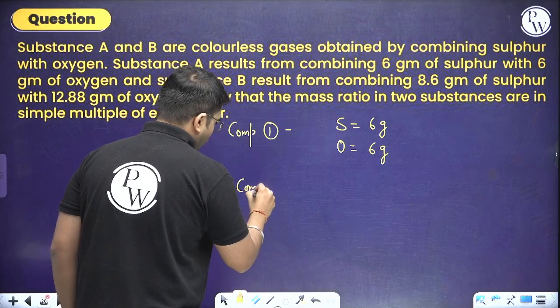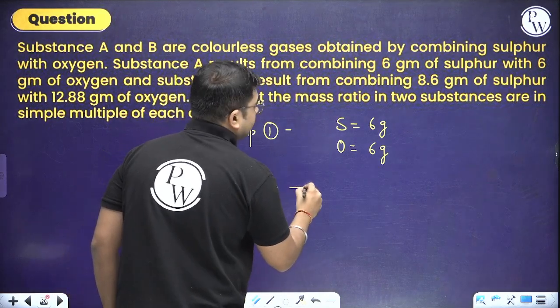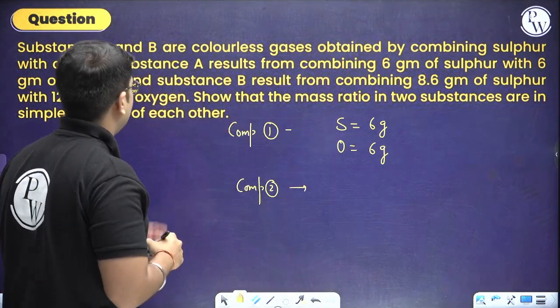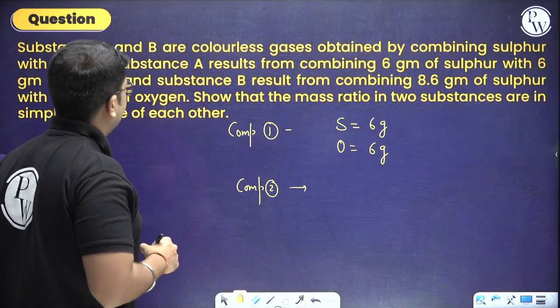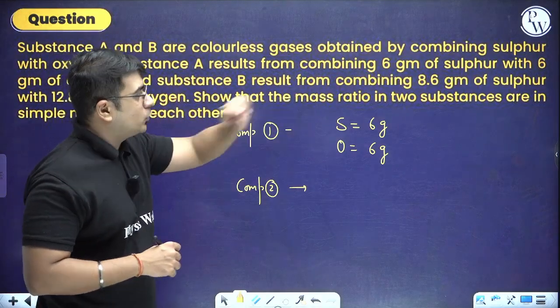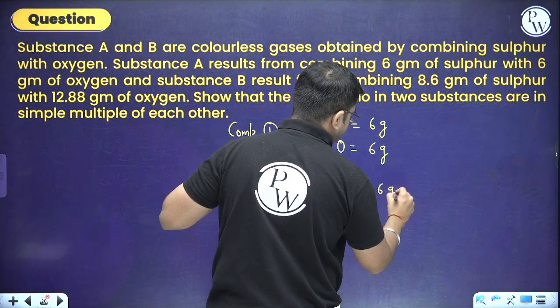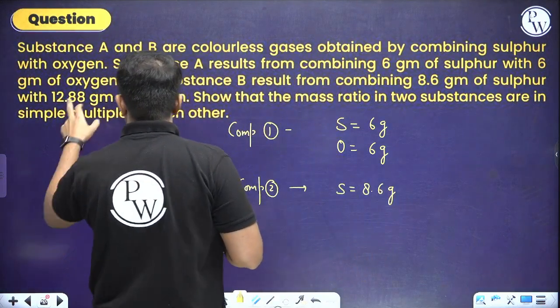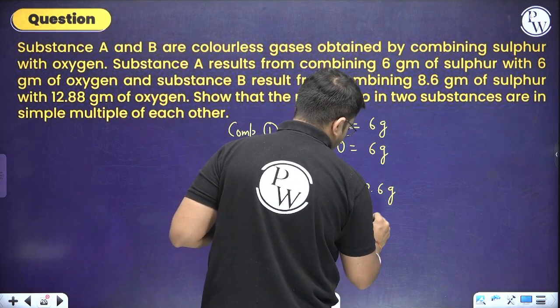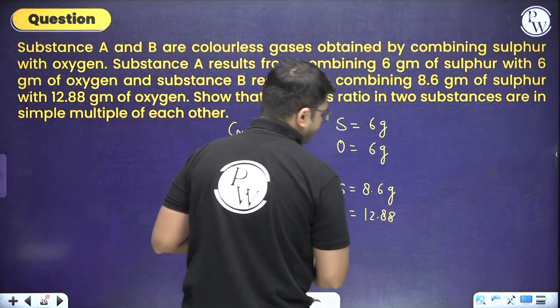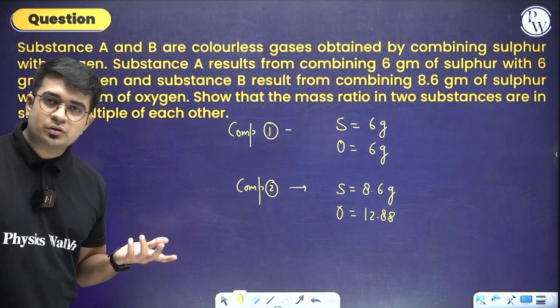In compound 2, substance B results from combining 8.6 gram of sulfur, and this is 12.88 gram of oxygen. Okay, no issues.